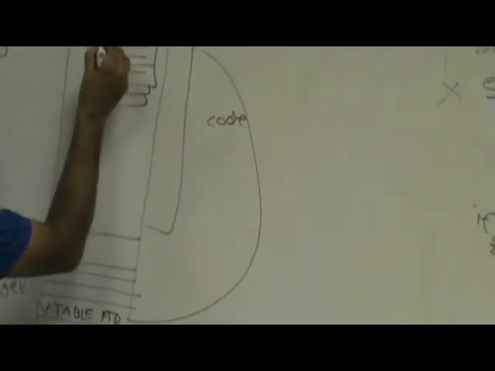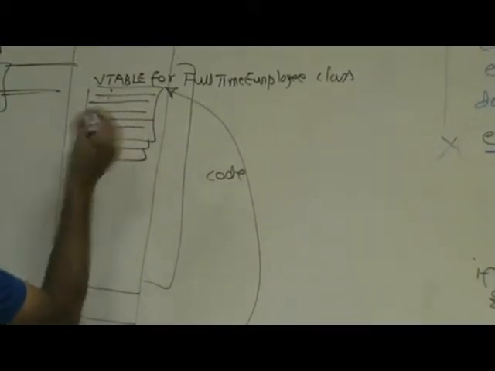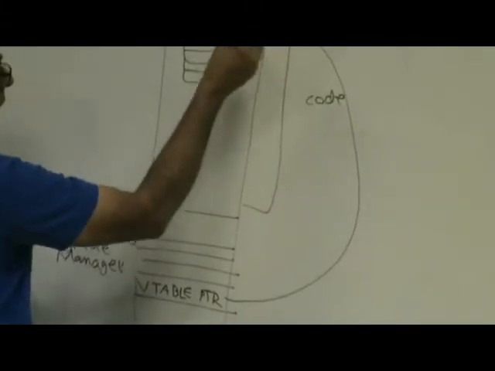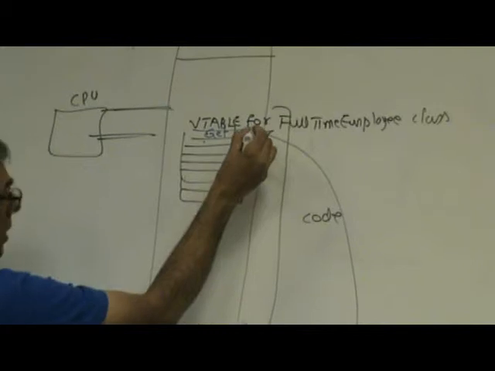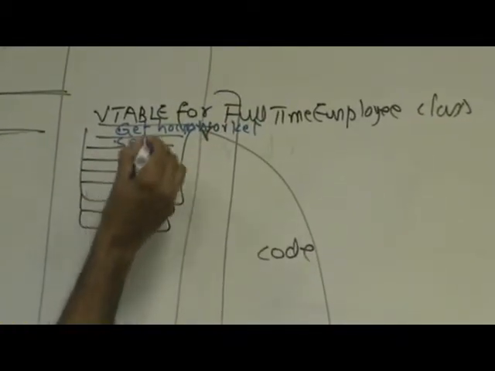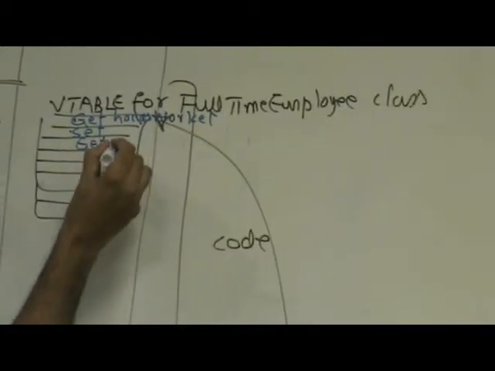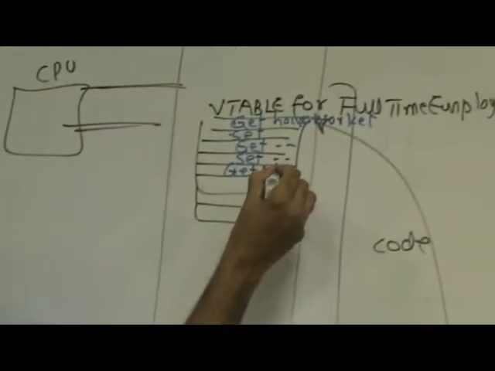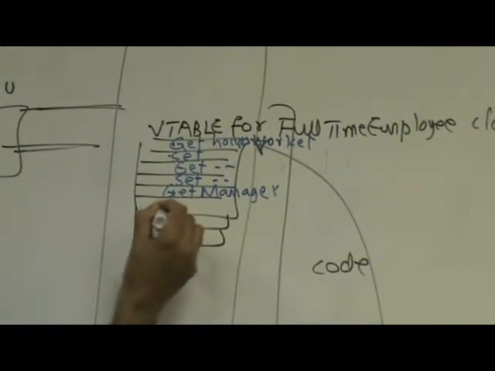These are the get and set entries: get hours worked and set hours worked, and in the same way get for the pay rate, set for the pay rate, get manager, and set manager.